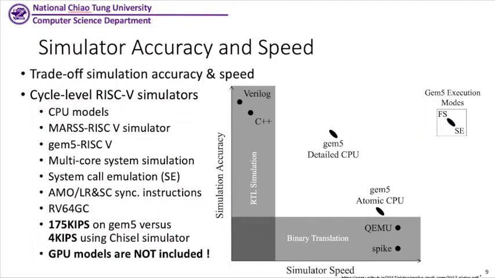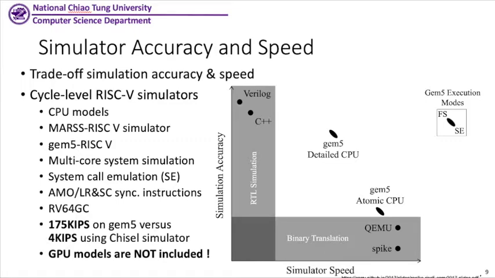The hardware simulator impacts the time of architecture design. In this figure, the x-axis is the simulator speed, and the y-axis is the simulation accuracy. From this figure, we can see the RTL simulation has high simulation accuracy but lower speed.